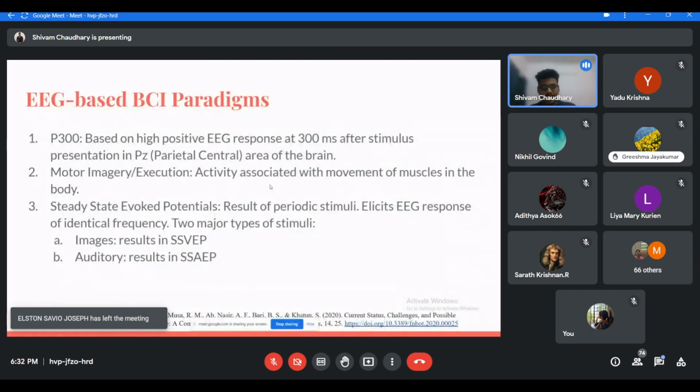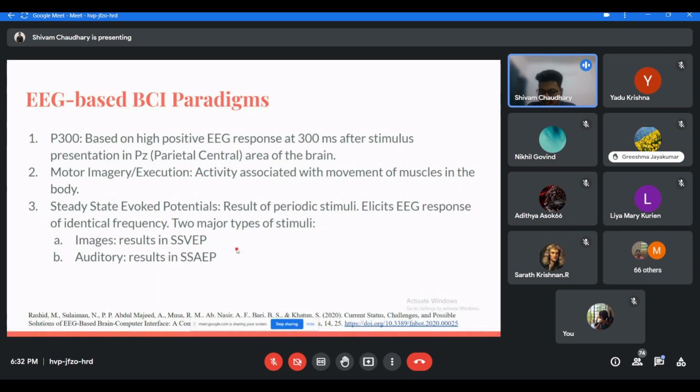So I record from the motor cortex to figure out what action the person is making. And there is the steady state evoked potential. It predominantly has two types. You can evoke those potentials in two ways: using images, that will be steady state visually evoked potential, or using tones or music, that is the steady state auditory evoked potential.